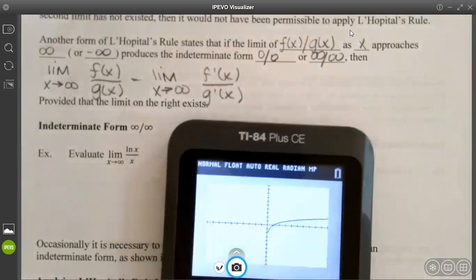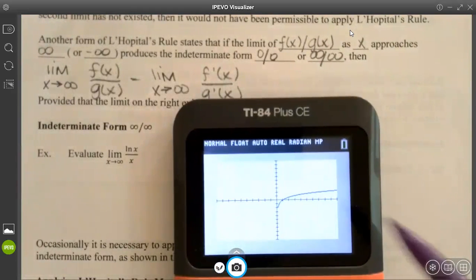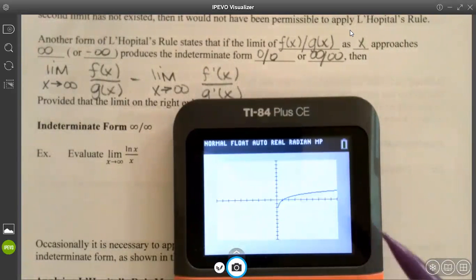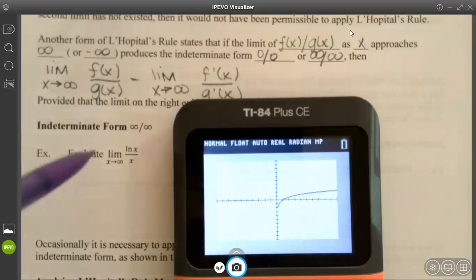So if we split this up and we're looking at infinity, what's going to keep happening to this graph? It's going to keep going to the right and up, right? So what is the limit as we approach infinity? Infinity, right? So that ln x is going to produce infinity.